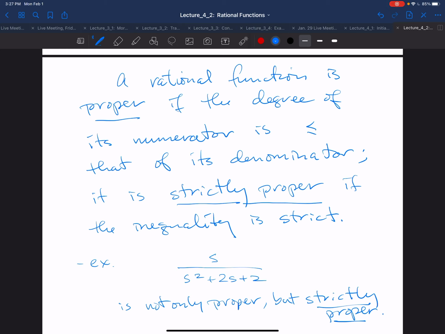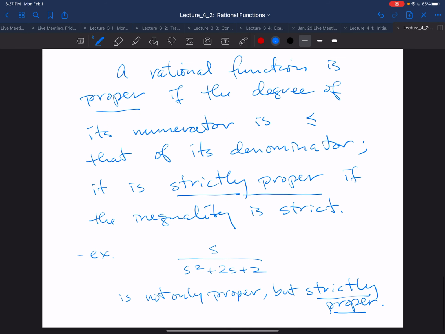And strictly proper functions have zeros at infinity, but again, we're going to be concerned entirely with finite zeros and poles.